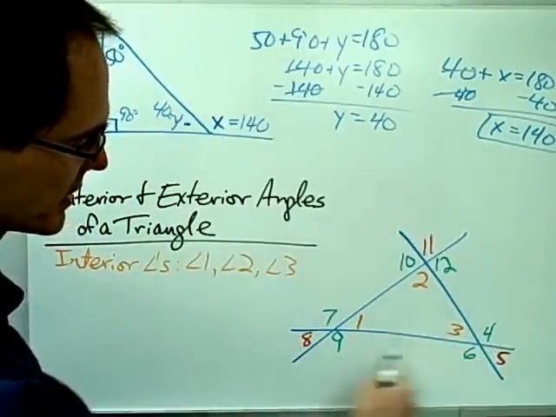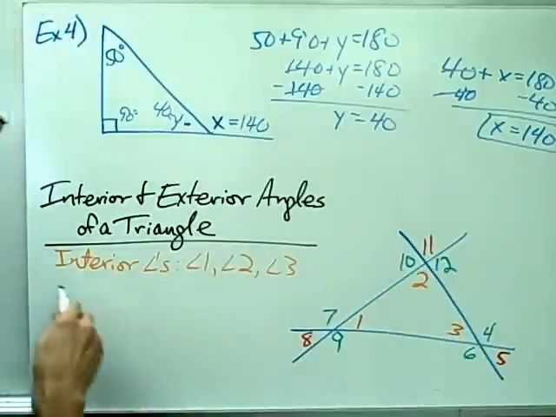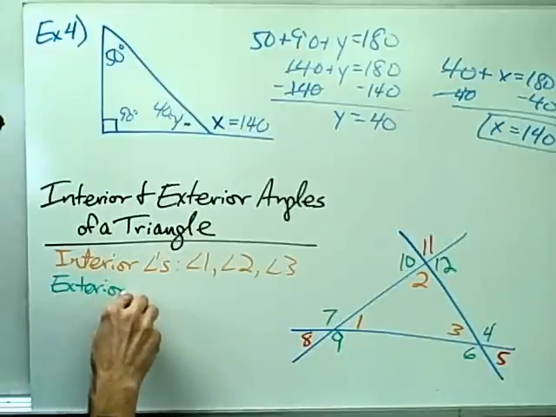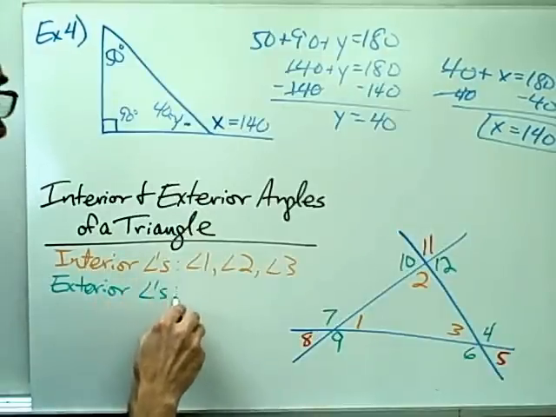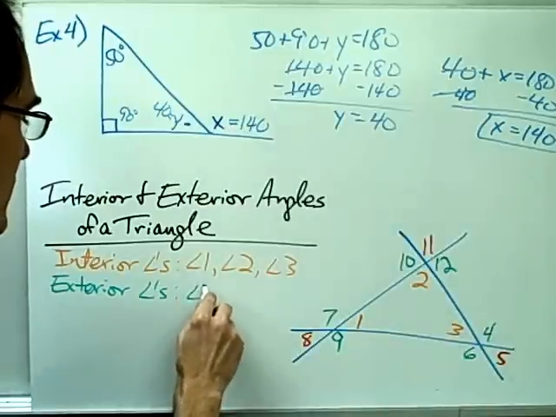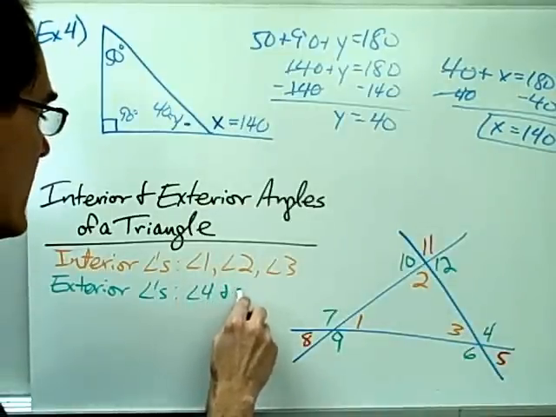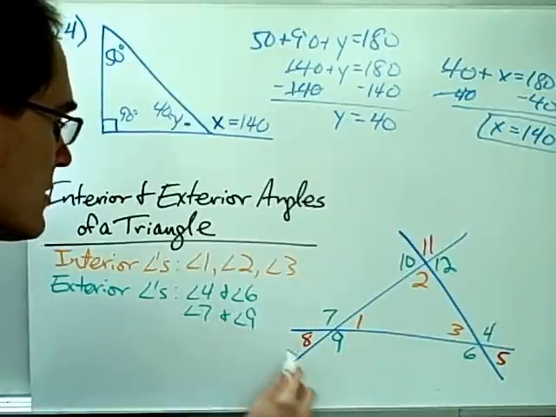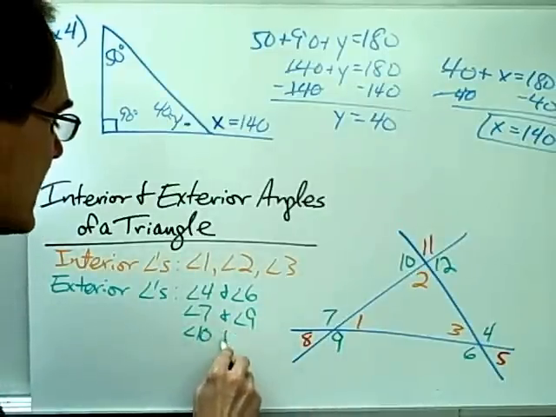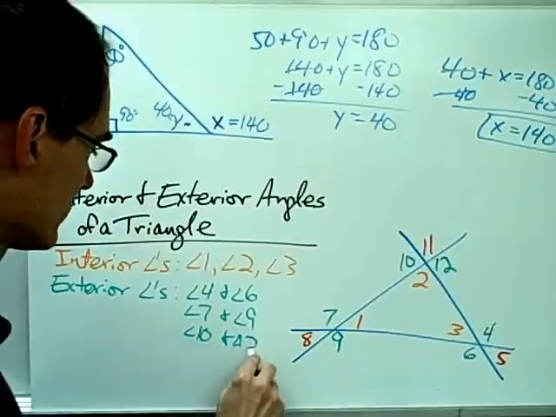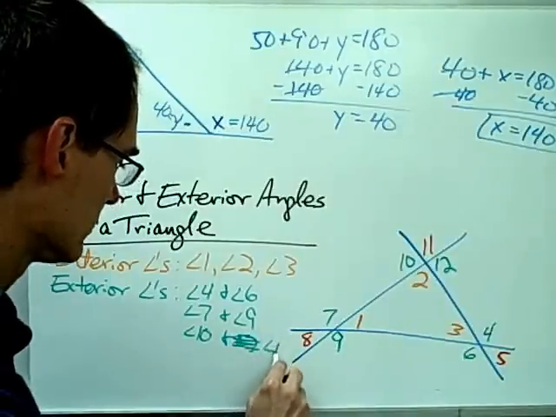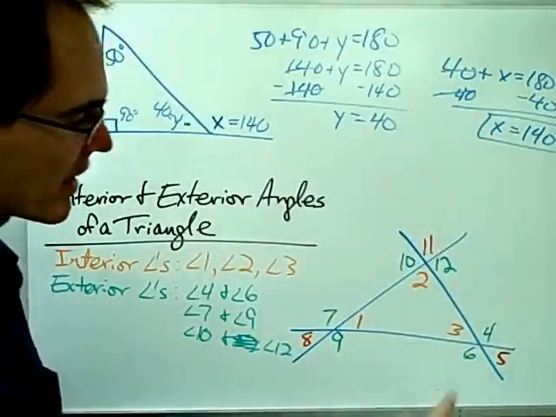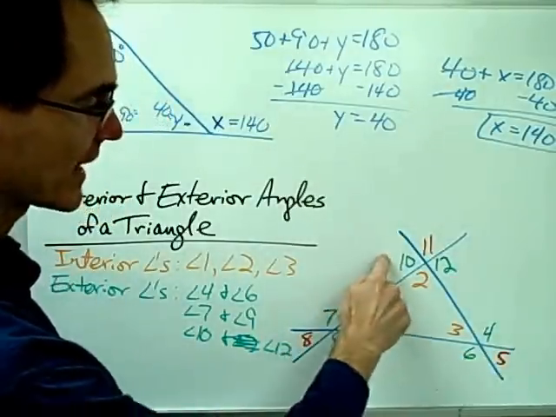So angle 4 and angle 6, angle 7 and angle 9, angle 10 and angle 12, these are all called exterior angles of a triangle, and notice they all lie outside of, or exterior to, the triangle.